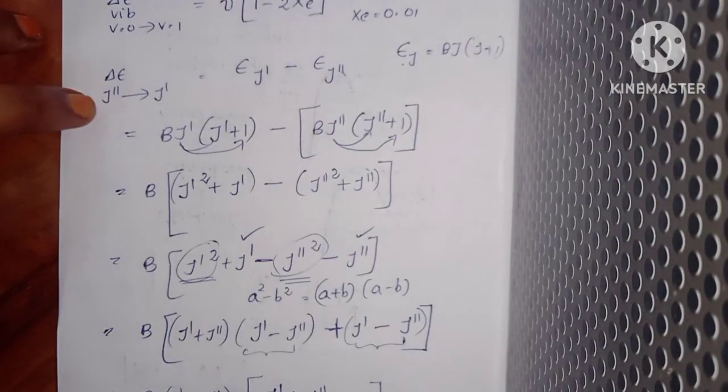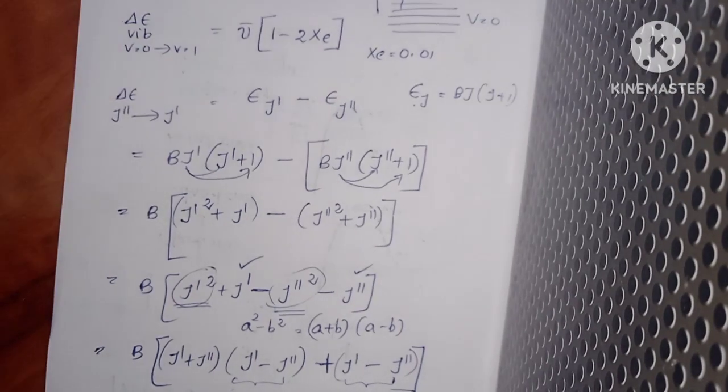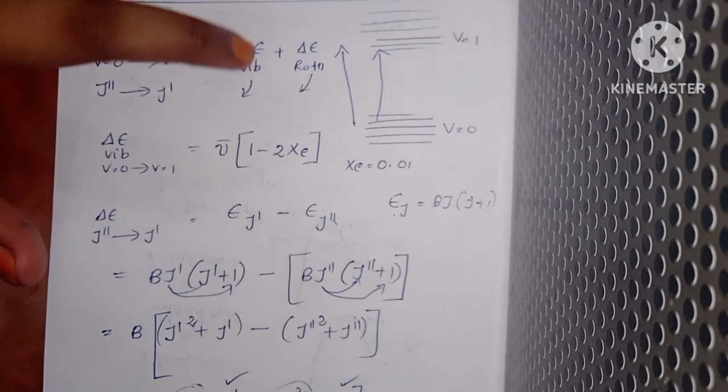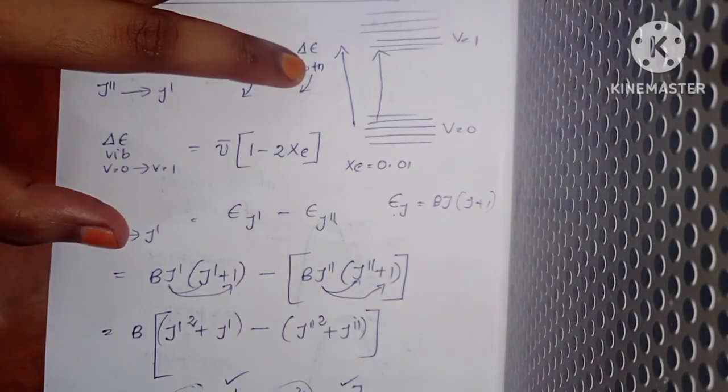This is the energy required for the rotational transition only, and this is the energy required for the vibrational transition. So to get the total energy, as we have mentioned here, we have to add this vibrational part plus rotational part.